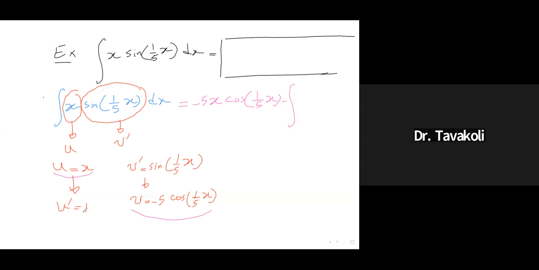U prime is 1, doesn't do anything, and v is minus 5 cosine of 1/5 times x, and then we have dx.